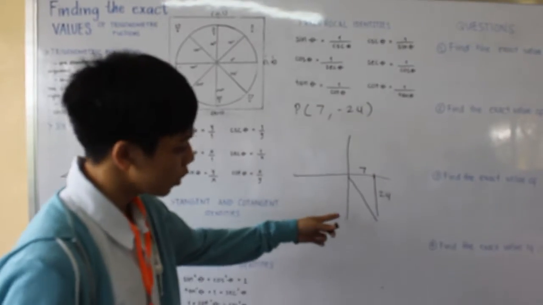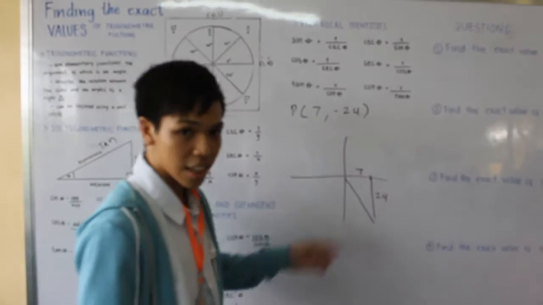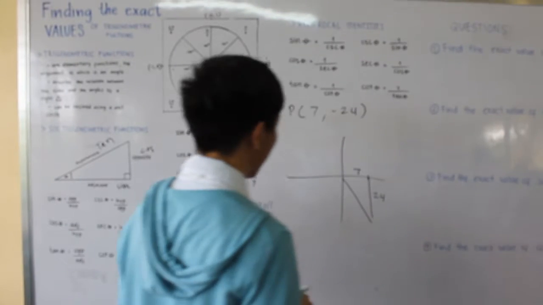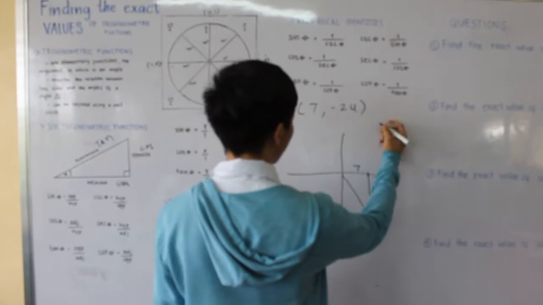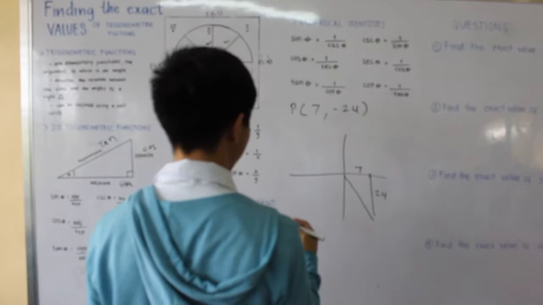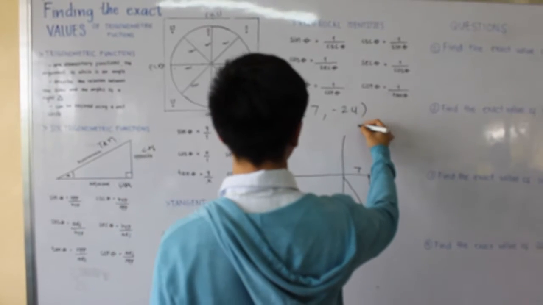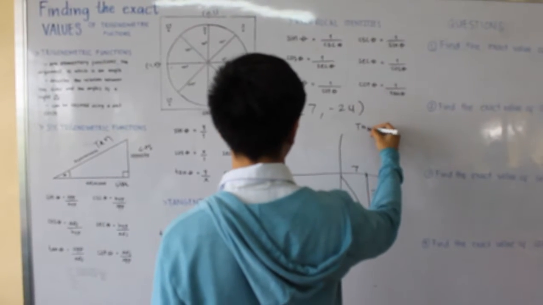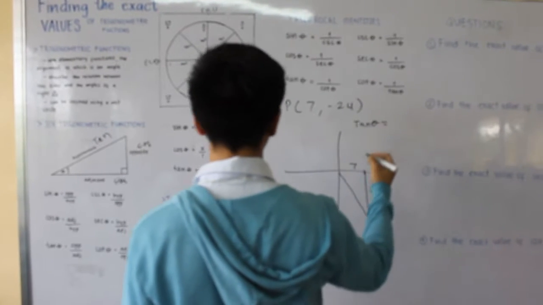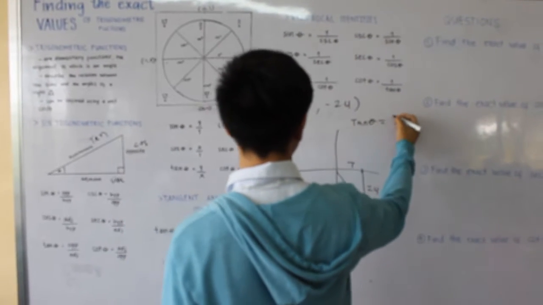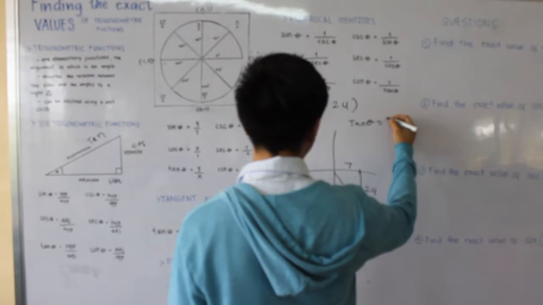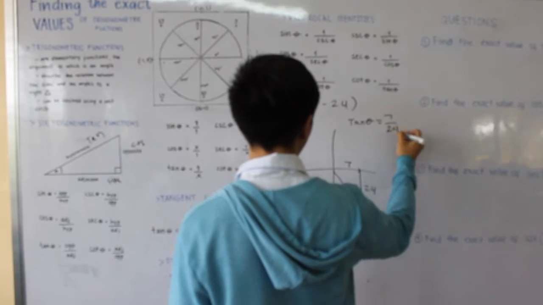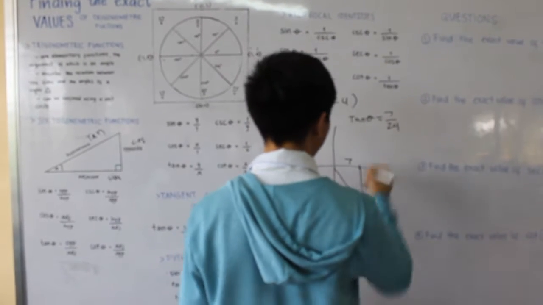So we're going to find for tangent, the hypotenuse, the longest side of a right triangle. So we could have the tangent theta is equal to 7 over 24, which would be negative.